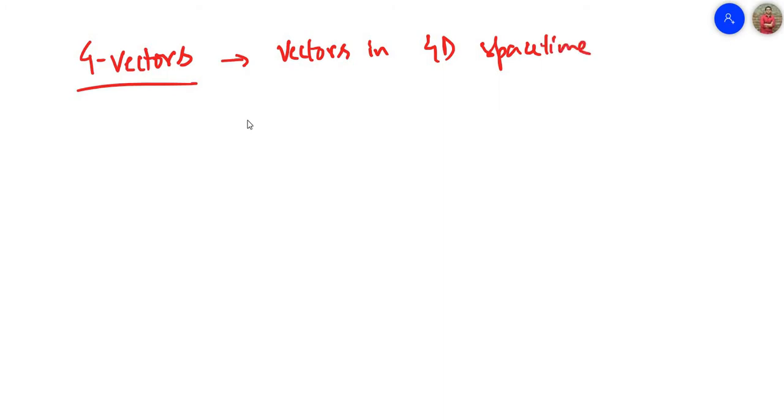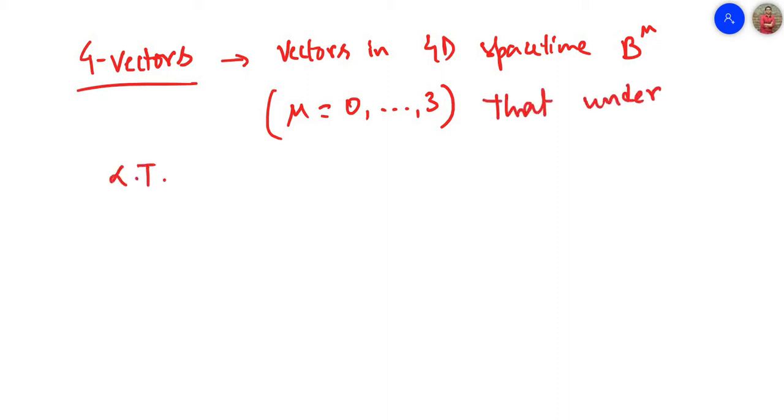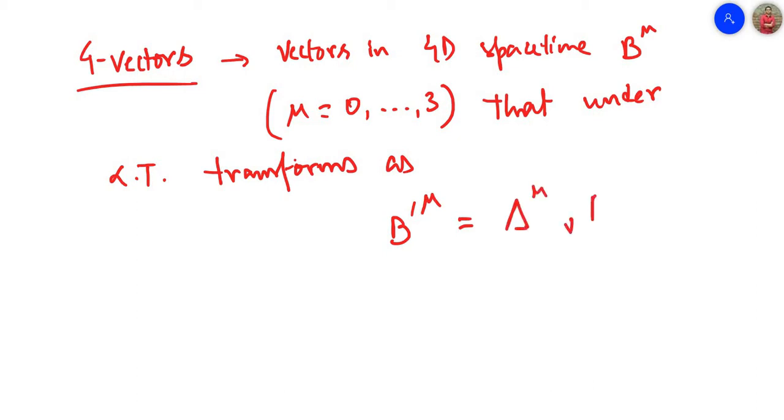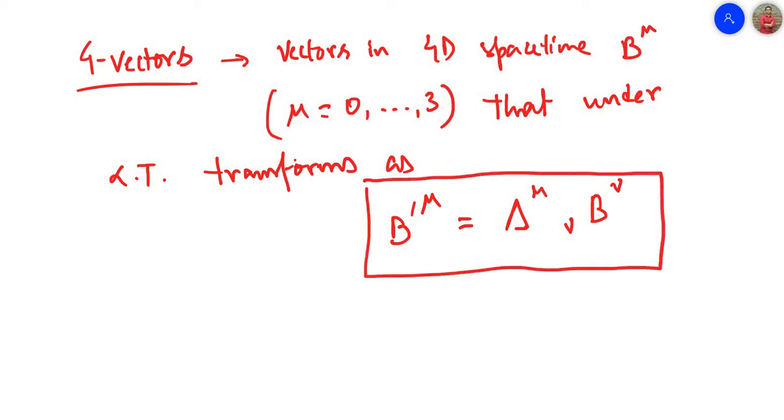Let's suppose a generic symbol, for example V mu, where mu can run from 0 to 3. So there are 4 components. So 4 vectors are vectors in 4-dimensional space-time that under Lorentz transformation transform as V prime mu equals lambda mu nu V nu. That will be our definition of 4 vectors.